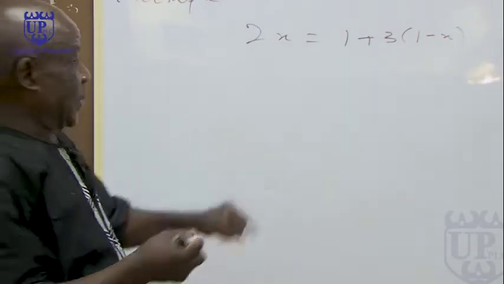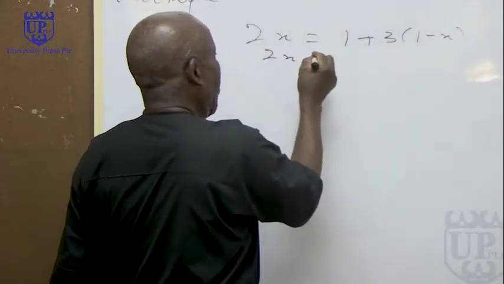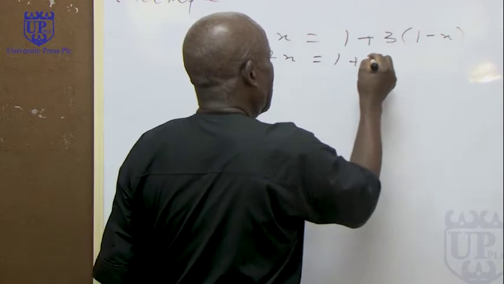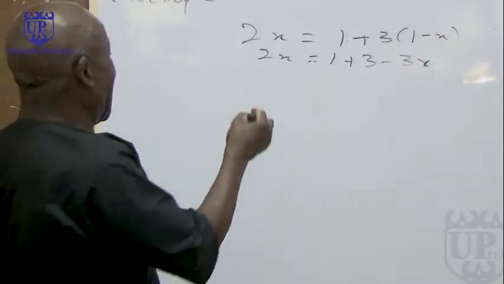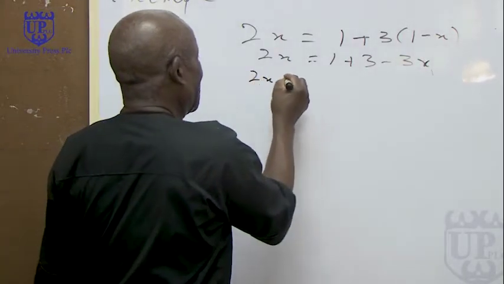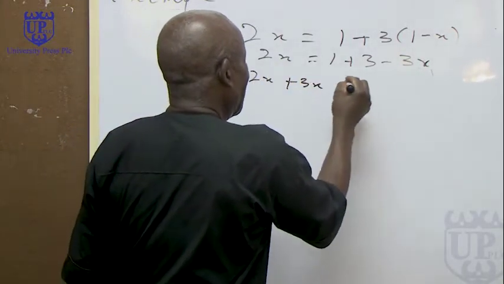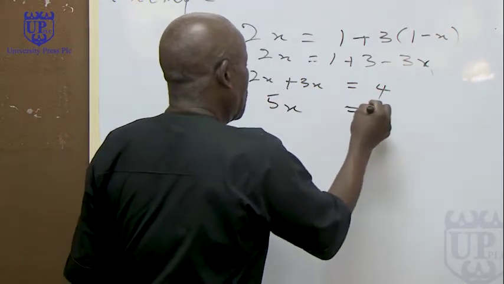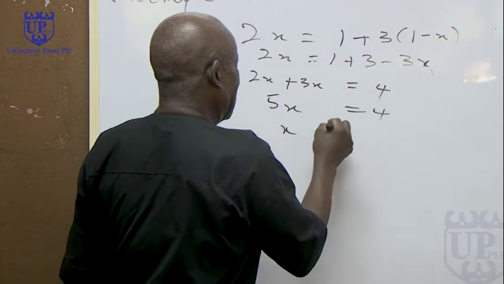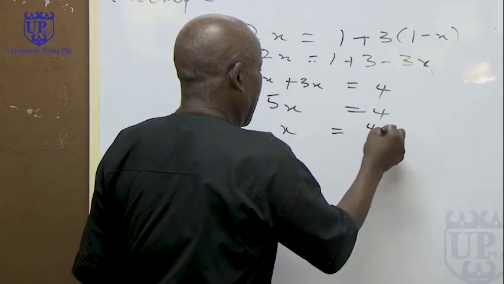Then you open the bracket first. 2x equals 1 plus 3 minus 3x. Collect like terms. Collect like terms. 2x plus 3x equals 4. Here 5x equals 4. Then your x equals 4 over 5.